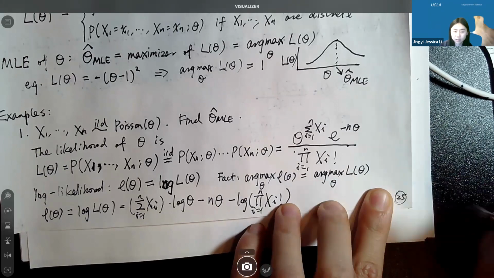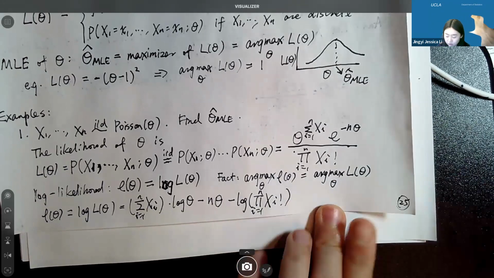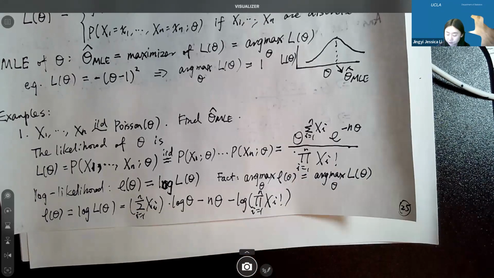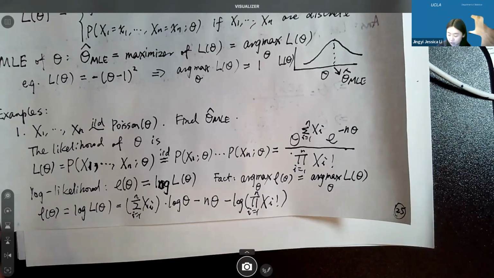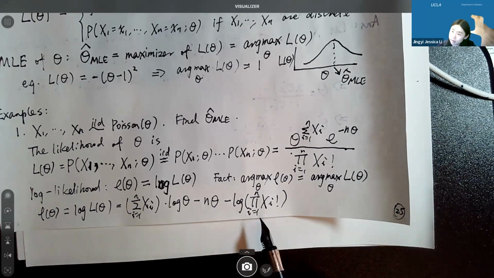Okay, so now if we regard the log likelihood as a function of theta, which two terms involve theta? This one is a log theta term, and this one is a theta term. The third term doesn't have anything to do with theta, so it has nothing to do with our search for the maximizer.